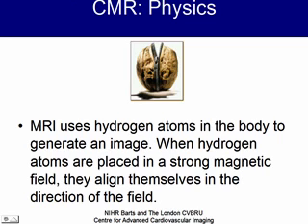So in a nutshell, physics. And I'll read this to you because I couldn't explain it as well in my own words. MRI uses hydrogen atoms in the body to generate an image. When these hydrogen atoms are placed in a very strong magnetic field, and the magnets that we use of 1.5 Tesla are seriously strong, then these atoms basically align themselves in the direction of the field.